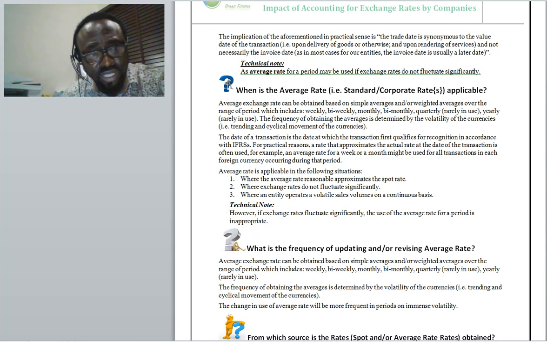For example, let us look at ShopRite or Walmart, where you could make purchases in different currencies or in a particular currency rather than your currency, but the frequency of your purchases and sales is very high, and therefore it will be an exercise in futility for you to be able to identify or trace every transaction to a particular period to which you now have to translate at the spot rate.